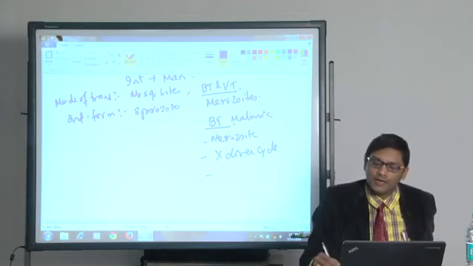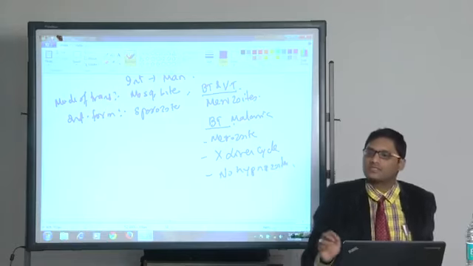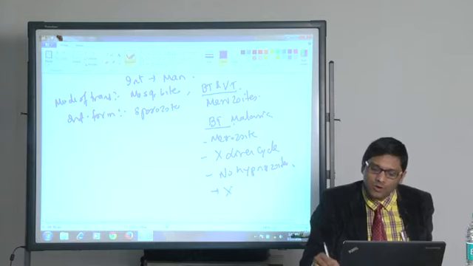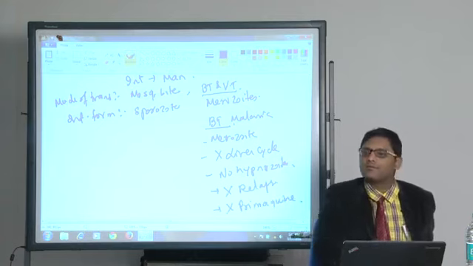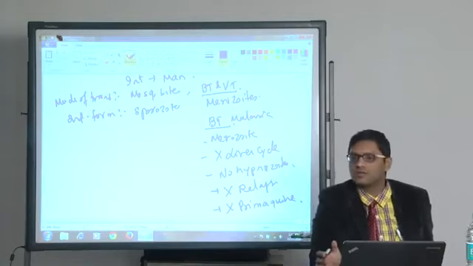If there is no liver cycle, there are no hypnozoites. Hypnozoites are the dormant stage in liver. If there is no hypnozoite, then there is no relapse. If there is no relapse, there is no need to give the drug of choice for relapse, that is primaquine. All these are the differences between transfusion associated malaria and mosquito borne malaria.